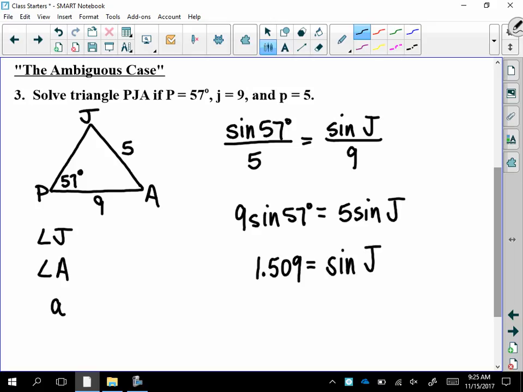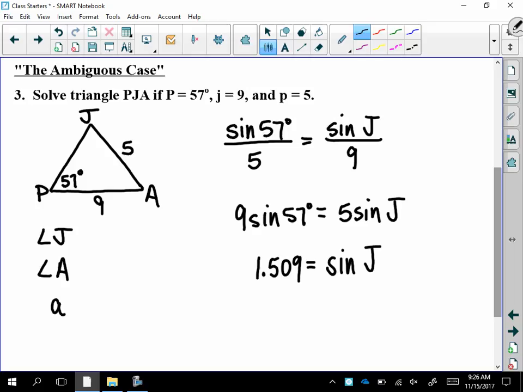Now when we try to use sine inverse, we get an undefined value or a domain error. We had a problem like this yesterday. We're going to say that this is not possible. What this is saying in words is find the angle whose sine value is 1.509.